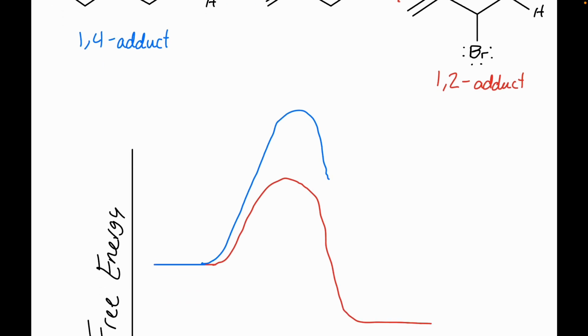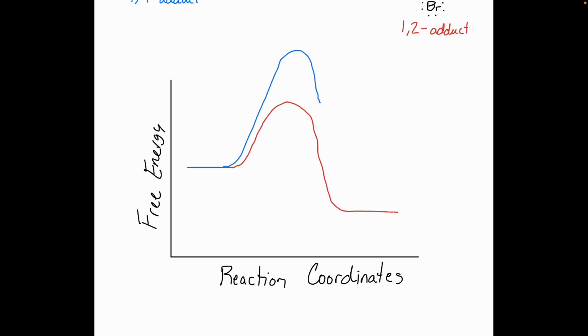So how do we represent something that's more stable on our free energy diagram? That means lower energy, right? So although this blue hump here has a higher activation energy, it will actually drop to a lower free energy than our 1,2 adduct because of that more substituted double bond.